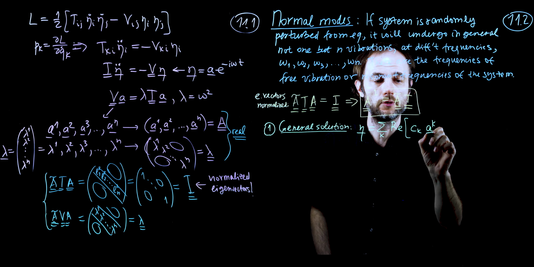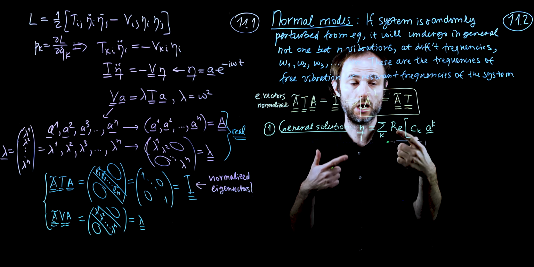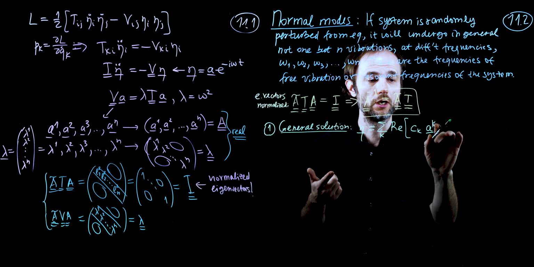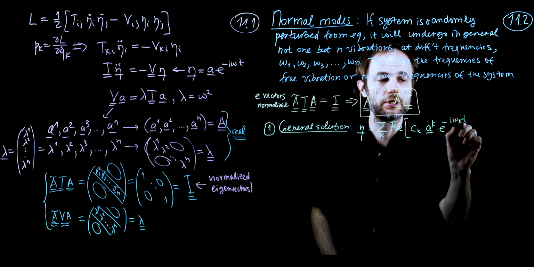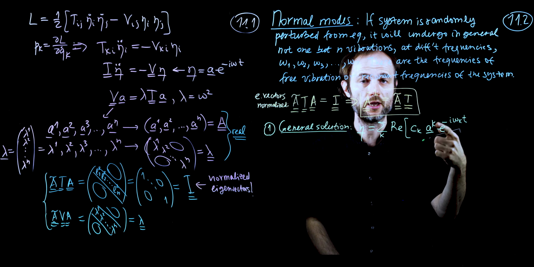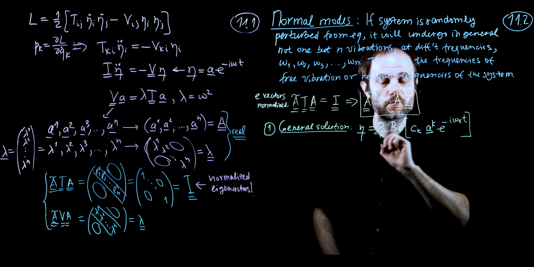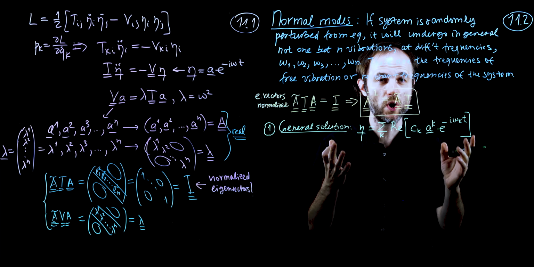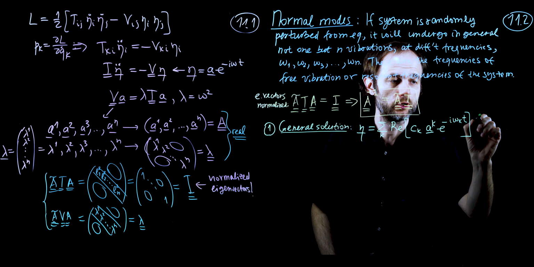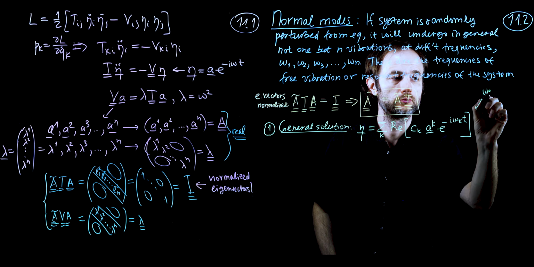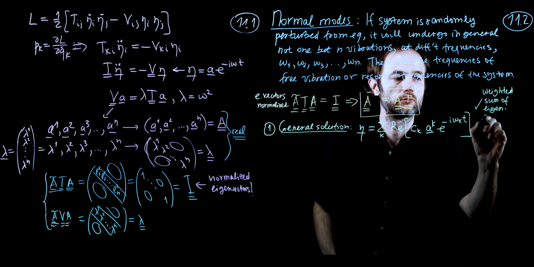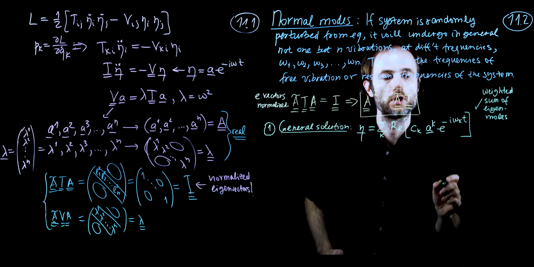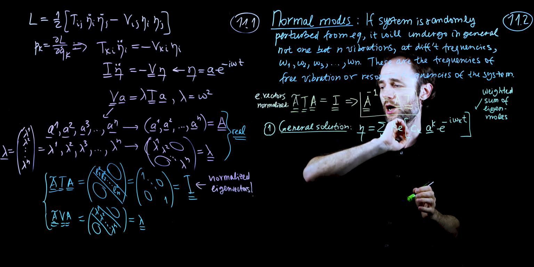So eigenmode k is going to be taken with a weight or coefficient ck, and of course we want to include the time dependence e to the minus i omega k times t. So we have this really nice weighted sum of our eigenmodes. Okay, that's pretty convenient. Good.